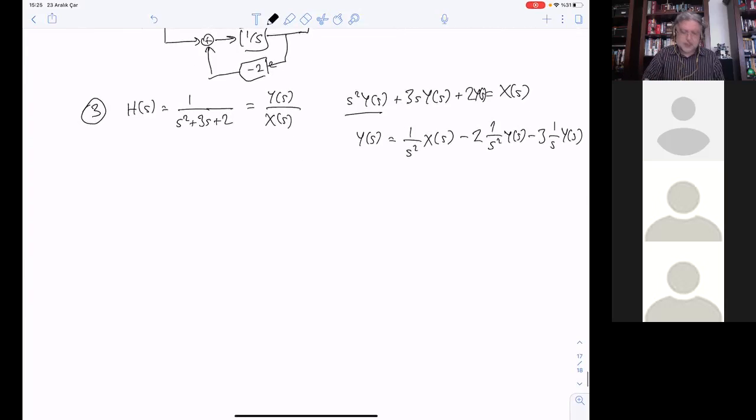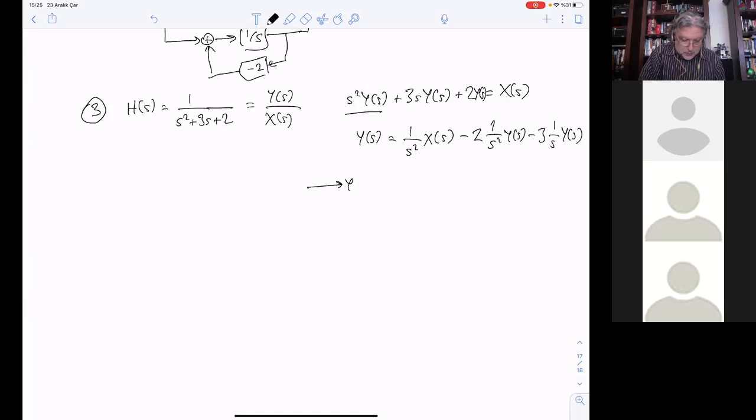And the realization, the direct form realization, you have to be very careful about looking at what I'm doing here, because you may have to do something similar to that. So please take care of my philosophy or my approach to the solution of this problem. We have a y of s at the output.